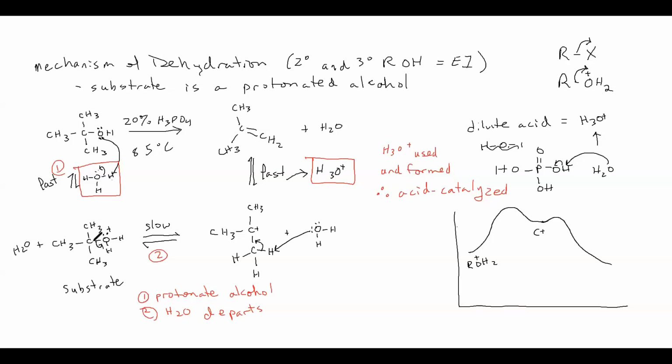And that process, right, where both electrons in that carbon-oxygen bond move over to the oxygen, that process was called heterolytic bond cleavage, where two electrons move in the same direction. And then the third step is where the beta hydrogen is removed by water.